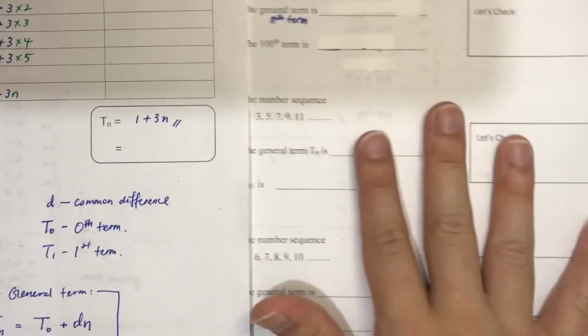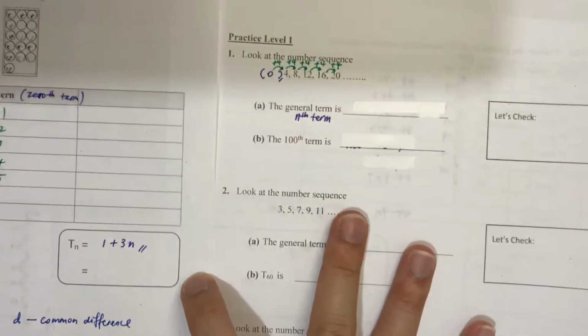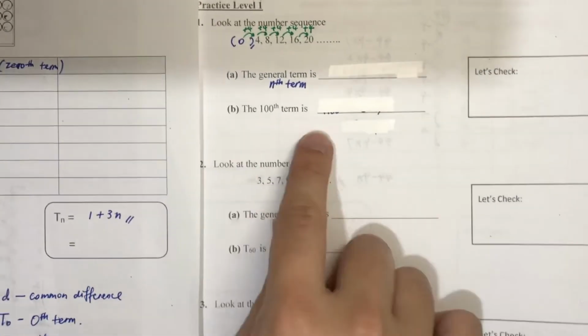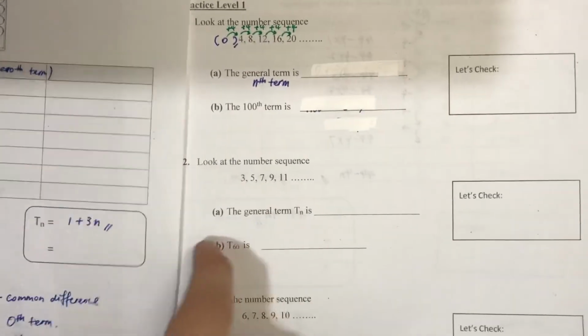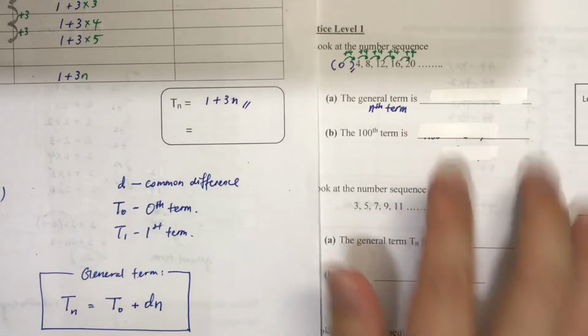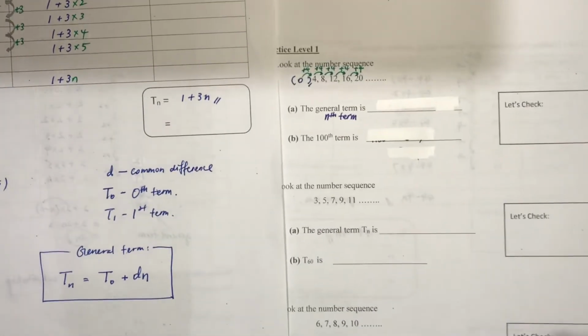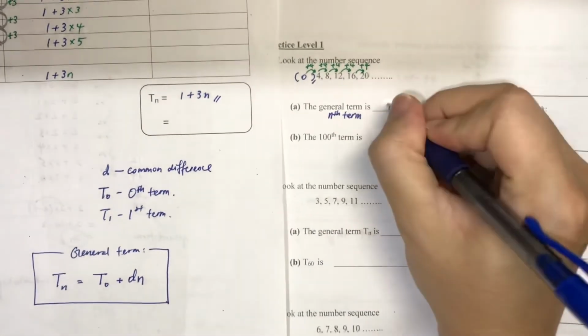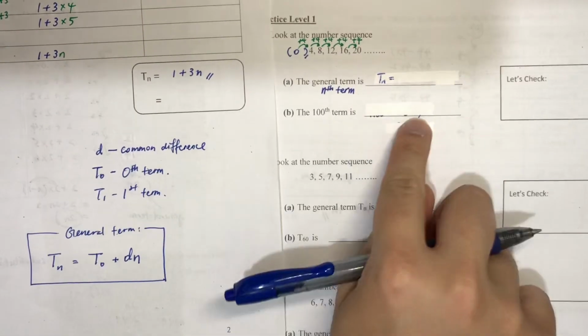Referring to this formula over here in question 1, what is Tn actually equal to?